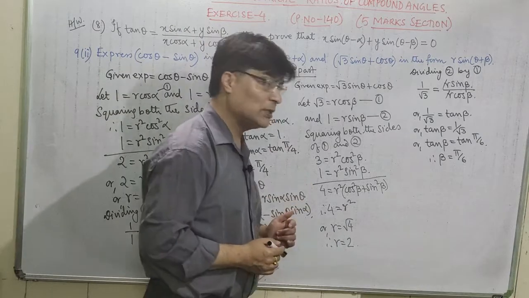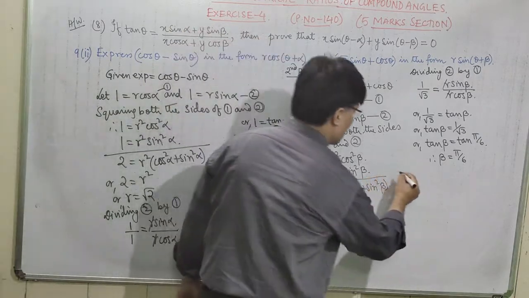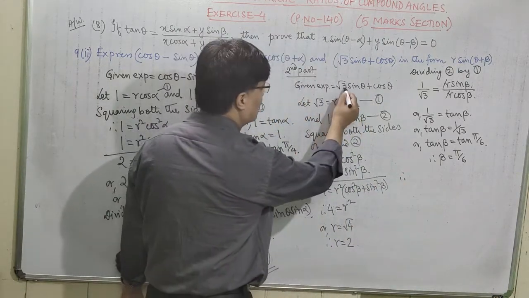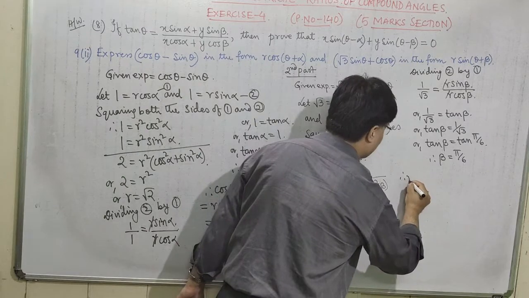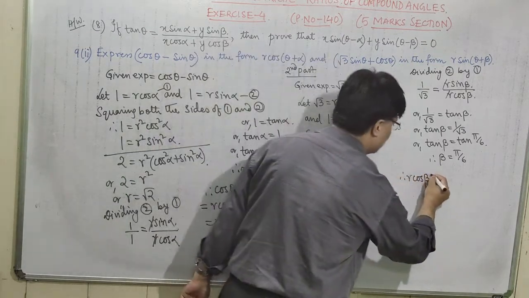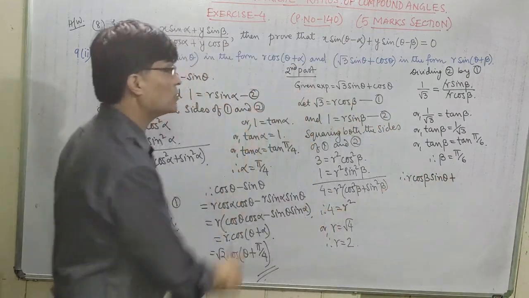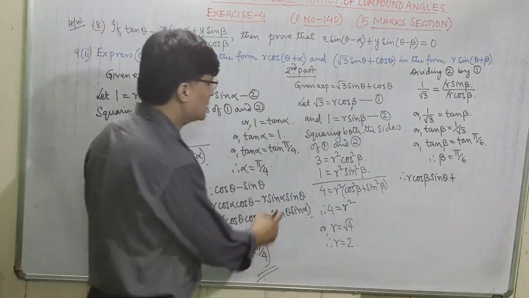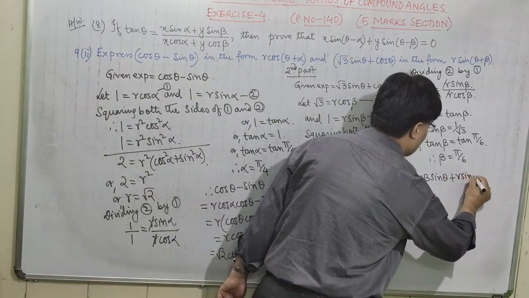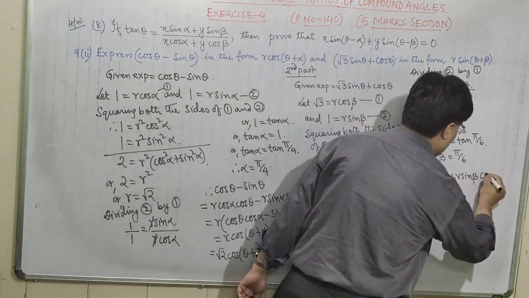Let us put the value of root 3 and 1 in the given expression. So therefore, now the given expression becomes, instead of root 3, you write r cos beta sine theta plus, what is the coefficient of cos theta? It is 1. And instead of 1, you have to write r sine beta into cos theta.